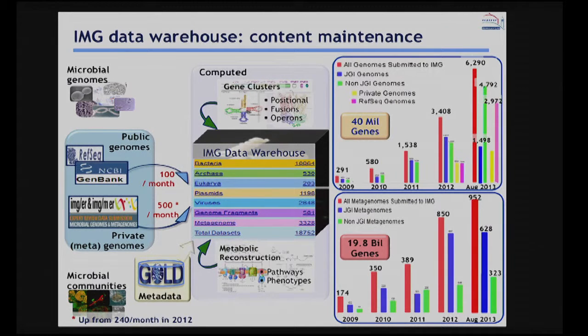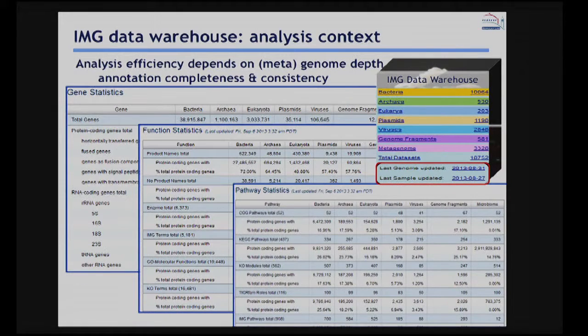So these numbers show you the growth over the past several years, since 2009, when the price of sequencing started to drop dramatically. And the objects that people are interested in are individual genes. That is why we count how many genes we have across individual genomes and how many genes we have across microbial communities, and you see that there is a huge difference. This is how the analysis is currently done. It's a gene-centric analysis when you go from tens of thousands, hundreds of thousands to millions and then billions of genes. That is where the challenge is.